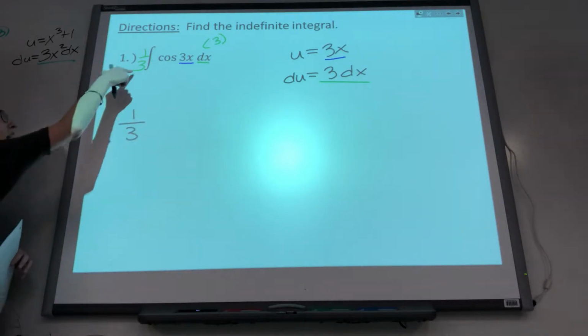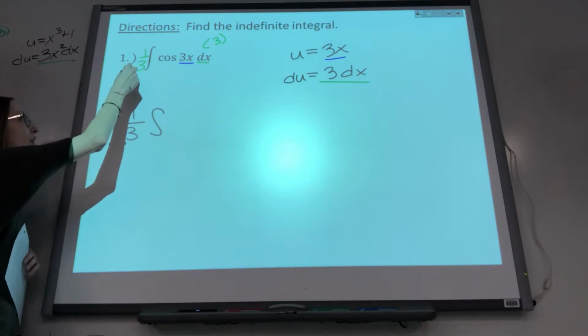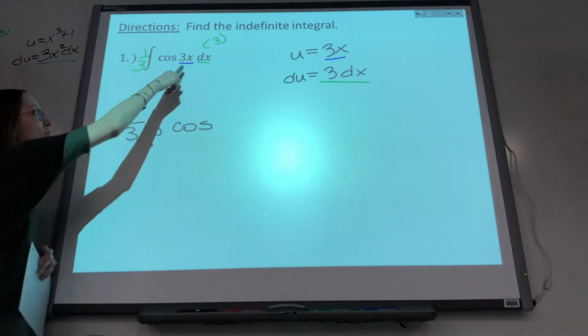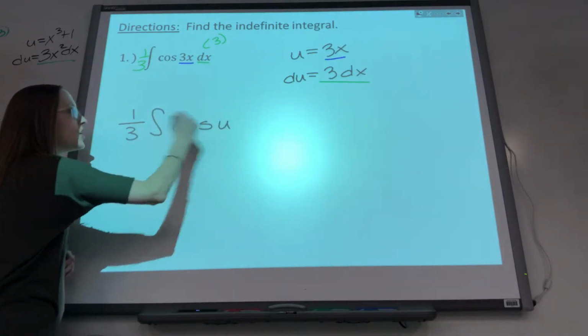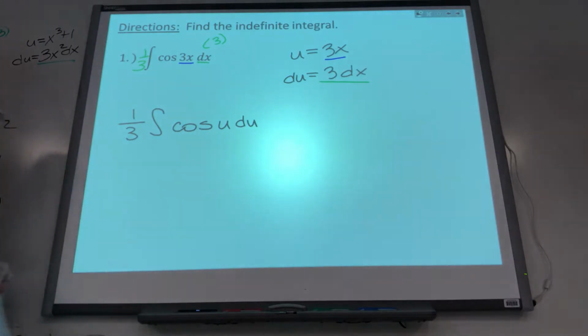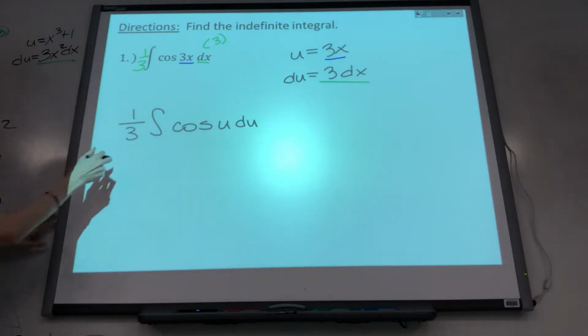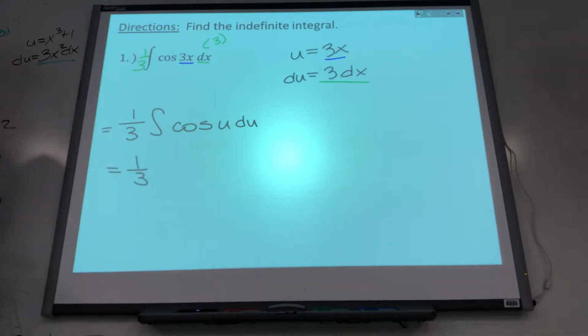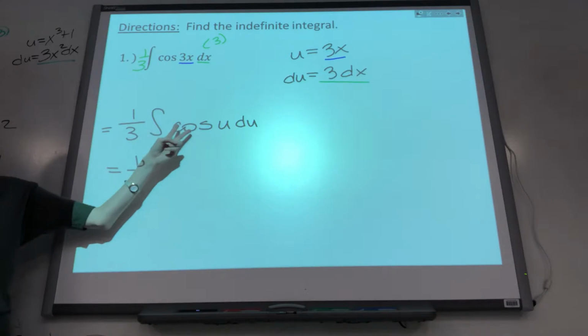So now it says 1/3 times the integral of cosine of u, and then the rest of that stuff in green was du. Okay, so now I have to integrate. I'm going to keep the 1/3 out front. What was the integral of cosine?